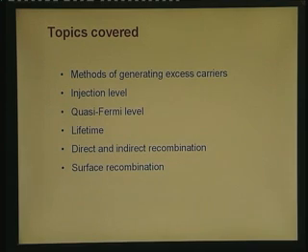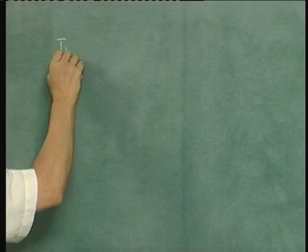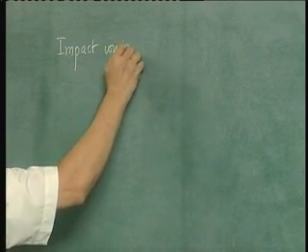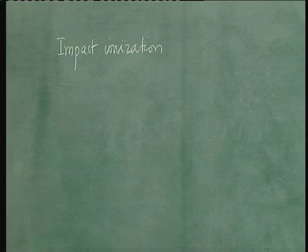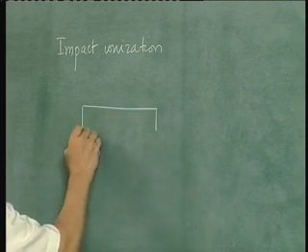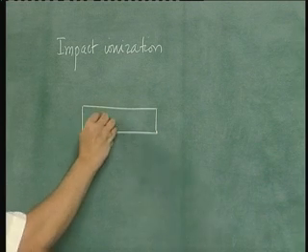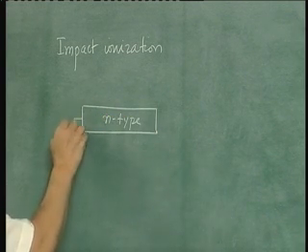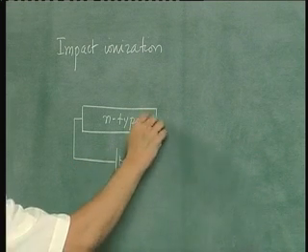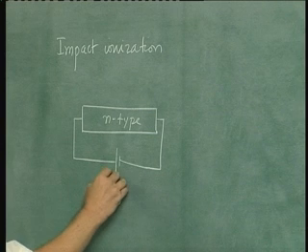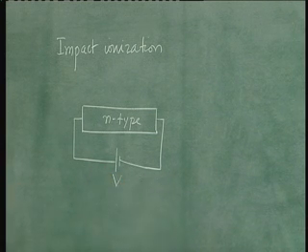The first method is the method of impact ionization. So let us say we have a semiconductor which is N type, and we apply an electric field to this semiconductor.